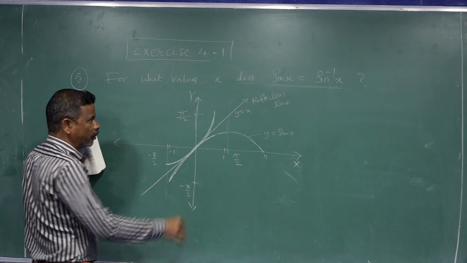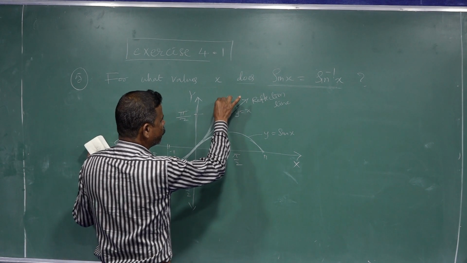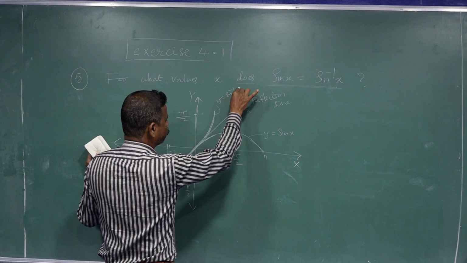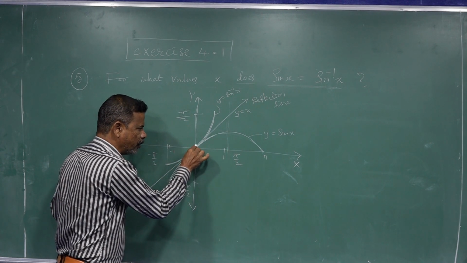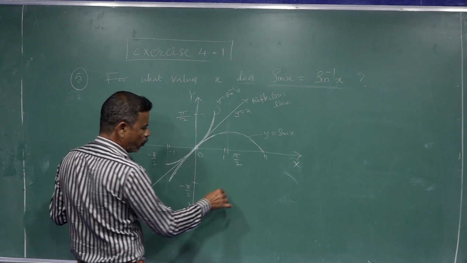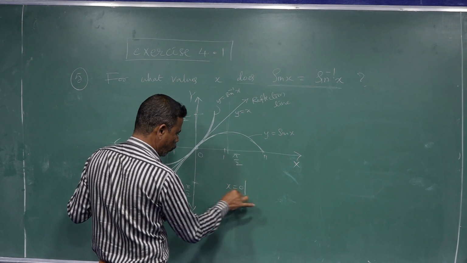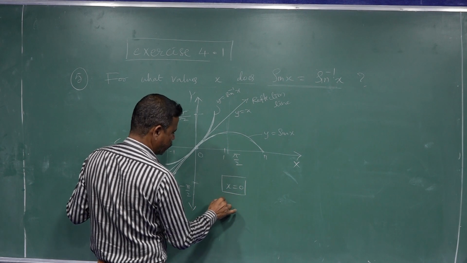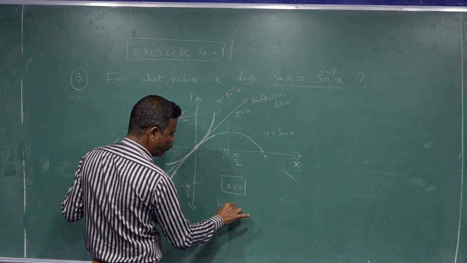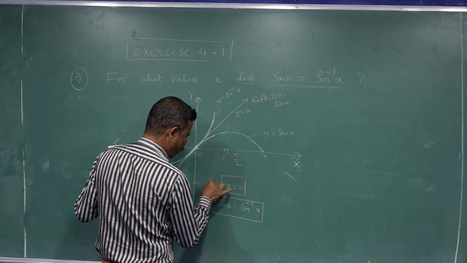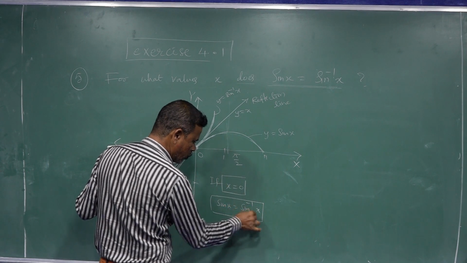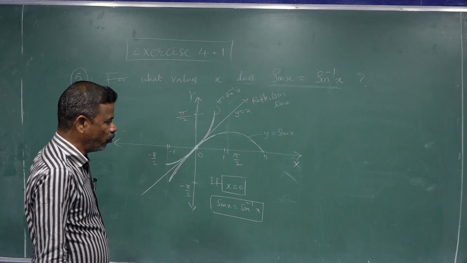This is the y is equal to sin inverse x graph. So they meet at only one point, 0. Now x is equal to 0 can exist. If x is equal to 0, sin x is equal to sin inverse x.